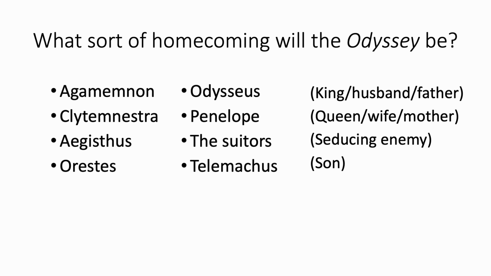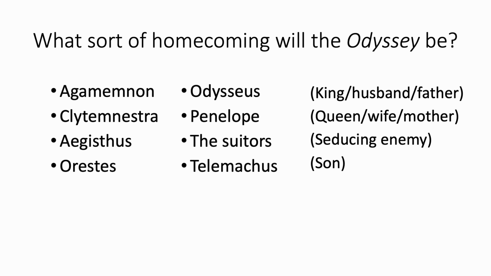So, our characters, the returning king, the waiting queen under pressure, the enemy at home, the son looking for vengeance, they all have in the Odyssey their reflections in the dark mirror of this other story. And they present to us the possibility that Odysseus could meet the same bloody fate as Agamemnon when he finally returns home.